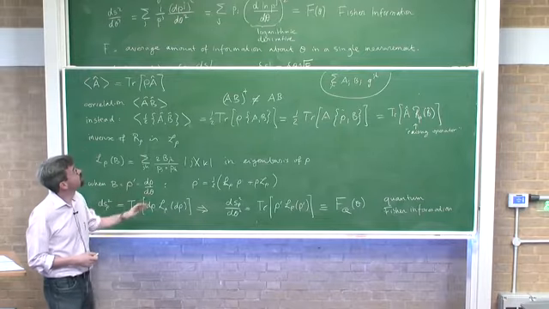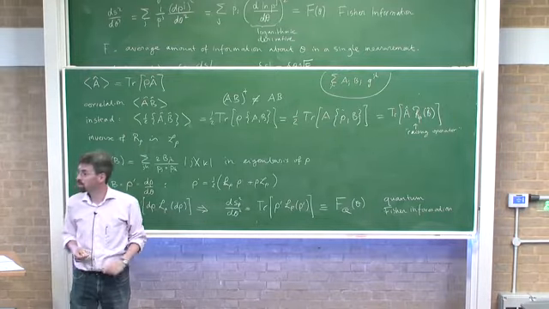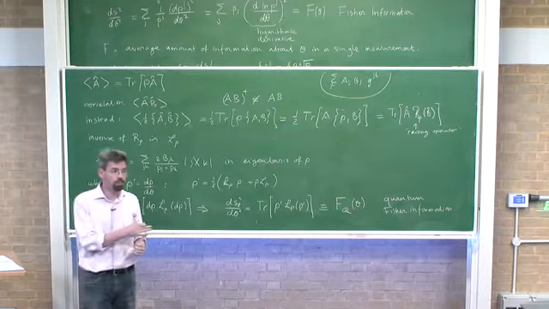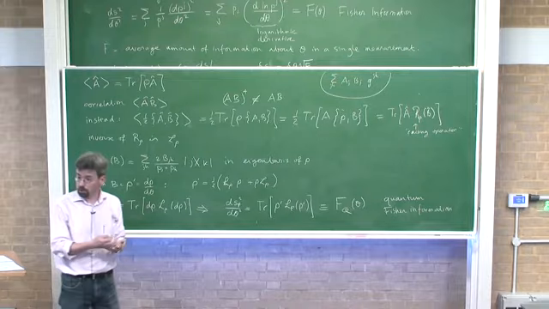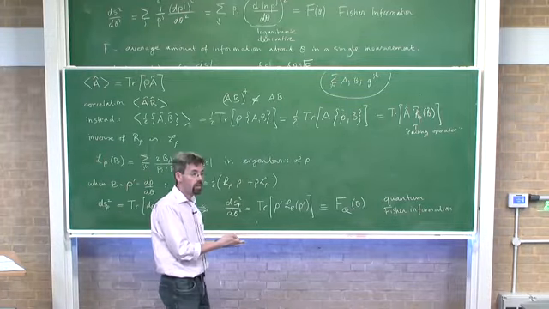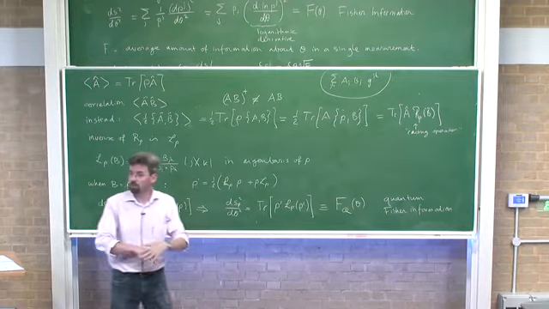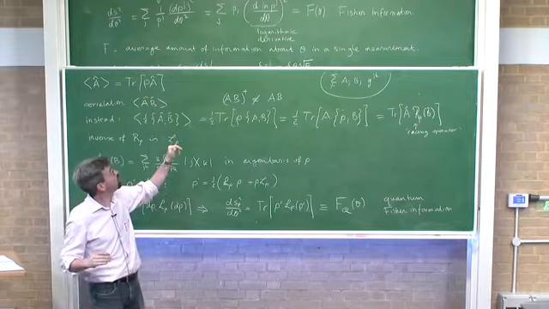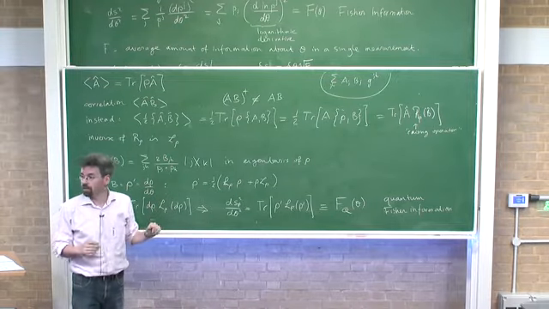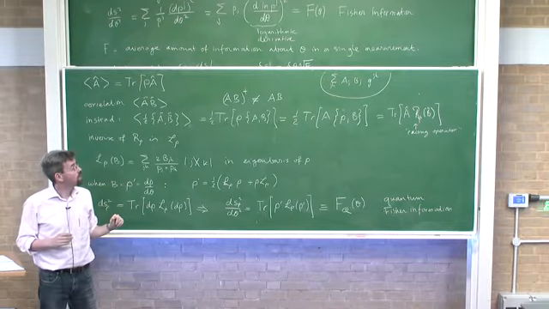The classical Fisher information depends on the probability distribution. So we have a state preparation, some kind of evolution that puts theta in your state, and then a measurement, and that measurement leads to a probability distribution. For that probability distribution, we can calculate the Fisher information.